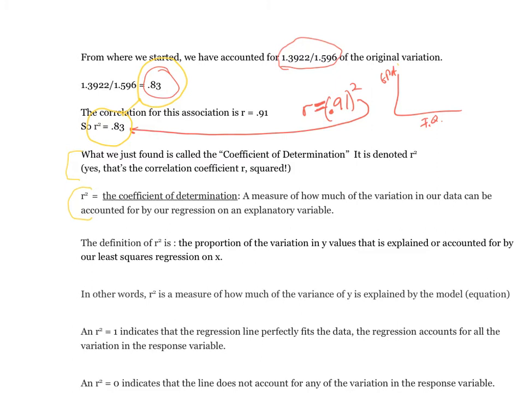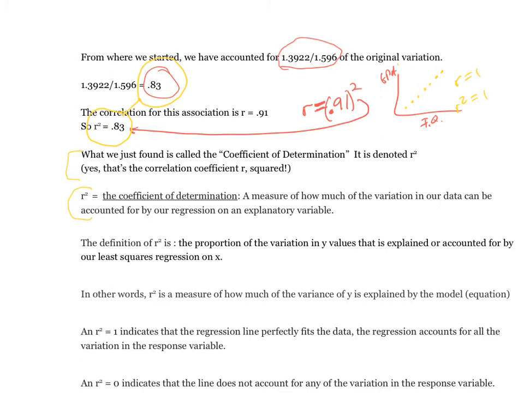Okay. The only way I would ever account for all of it is if IQs and GPAs lined up perfectly in a straight line so that the R was 1, because then of course R squared would be 1 also, 100%. Okay. But this means we've done a pretty good job of getting rid of the variation.